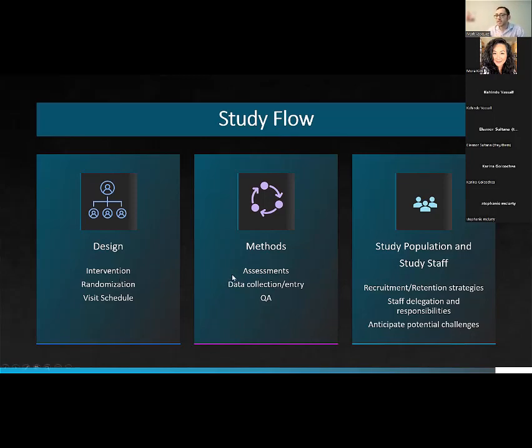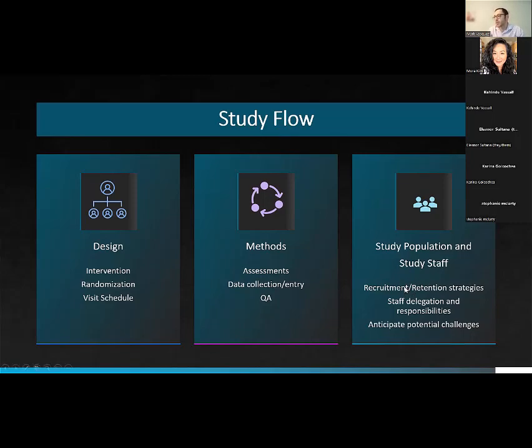The methods is going to provide the how. So how are we going to collect the data? Sites can then go on to create SOPs, like local SOPs, to suit their methods. And then the who is a collection of all the humans that are involved in research. So the study population would be one, and then the study staff would be the other.